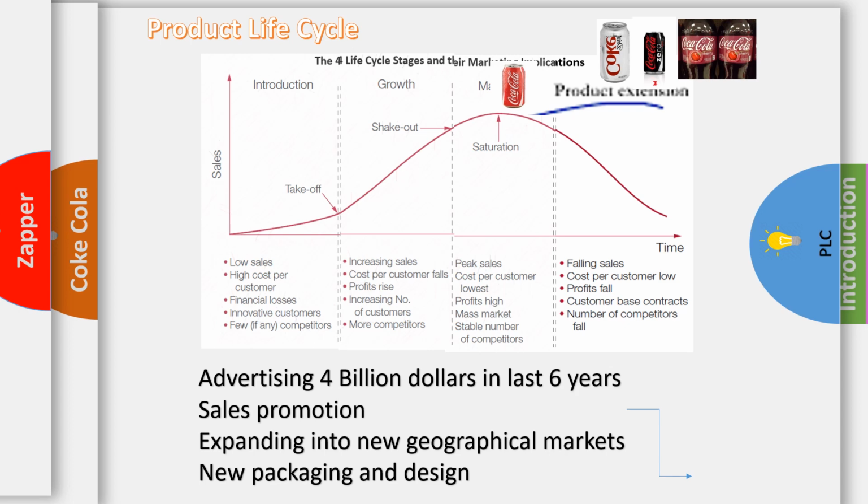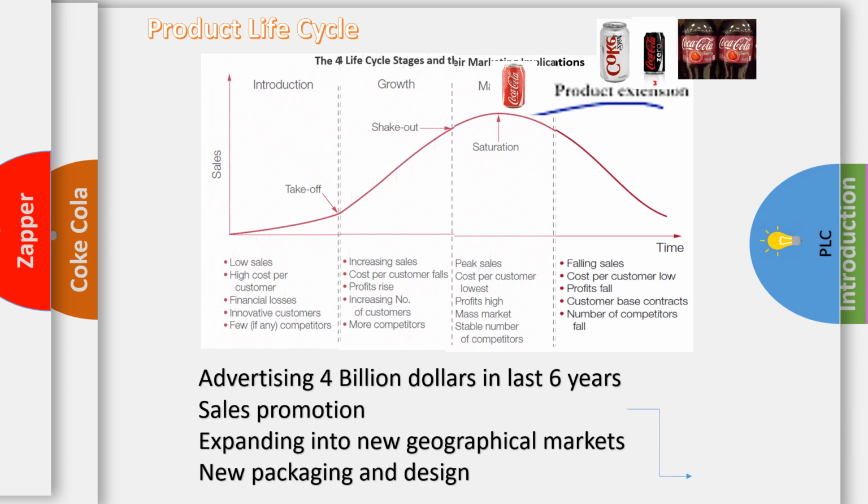In addition to that, other reasons why Coca-Cola have extended their product life cycle from the mature stage is because they've spent in the last 6 years over $4 billion on global advertising. They undertake and conduct aggressive sales promotions with discounts.